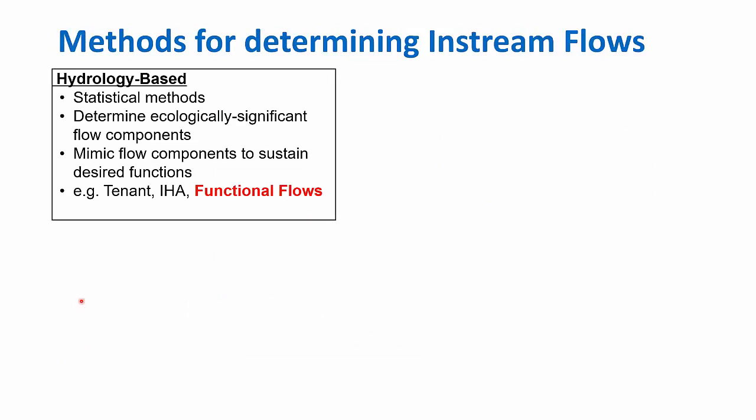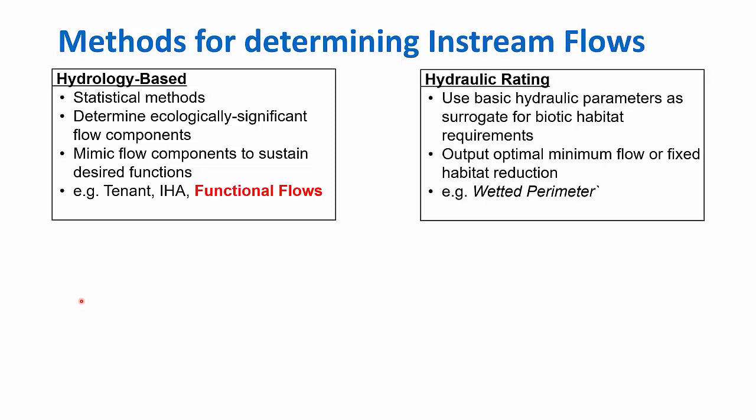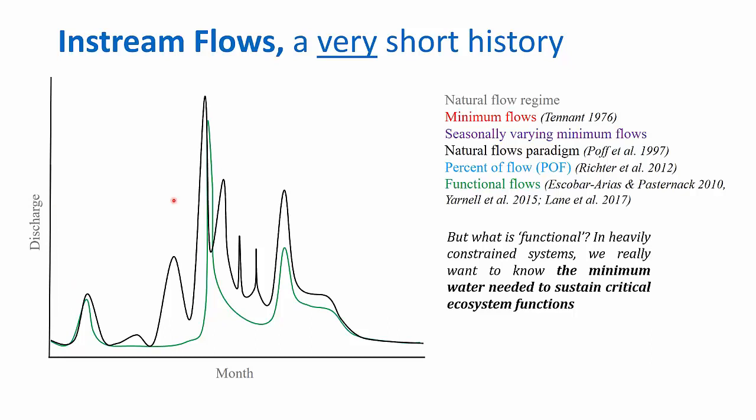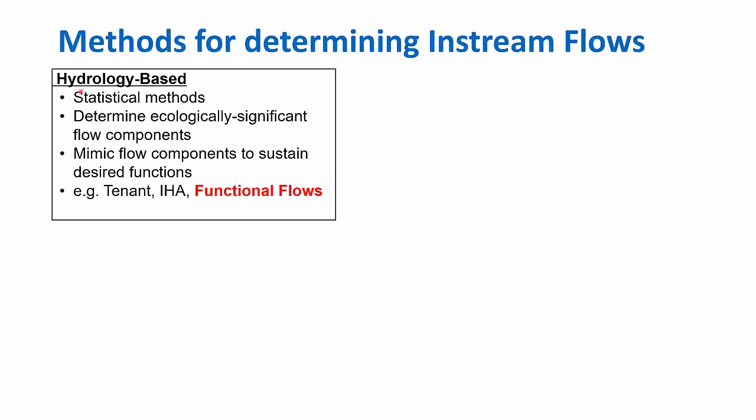In this case IHA was software that was used before and was very famous. Now we have eFlowStats, the functional flows calculator, which I'm going to be talking about. Then we have hydraulic rating. These are relevant just to flow: you're looking at a hydrograph and understanding which specific flows will be beneficial for the environment. Those are the hydrology based.